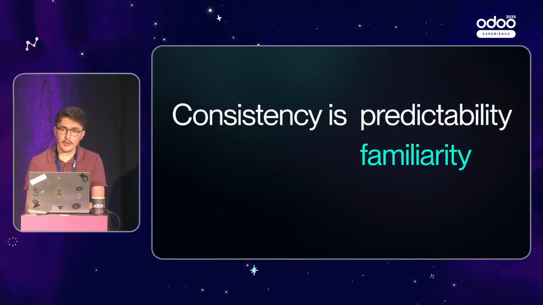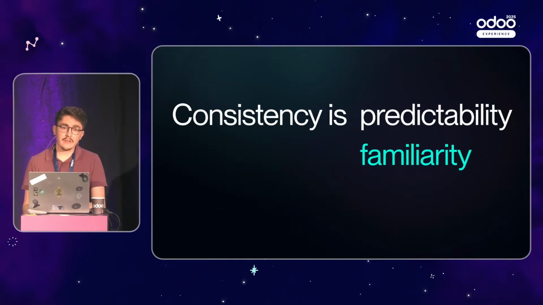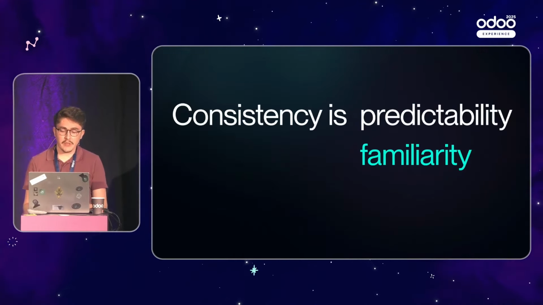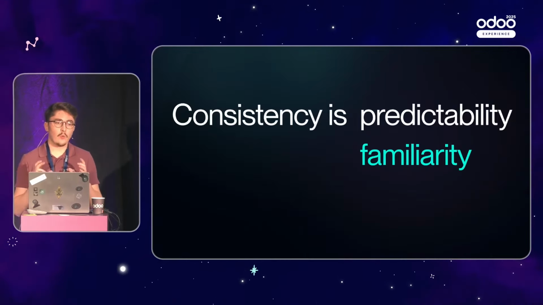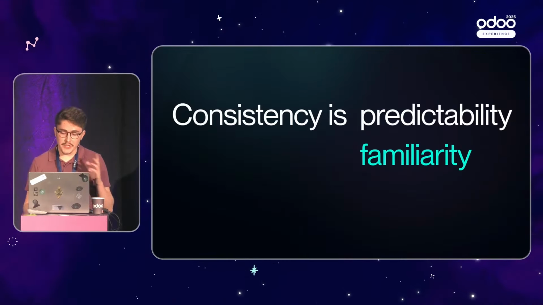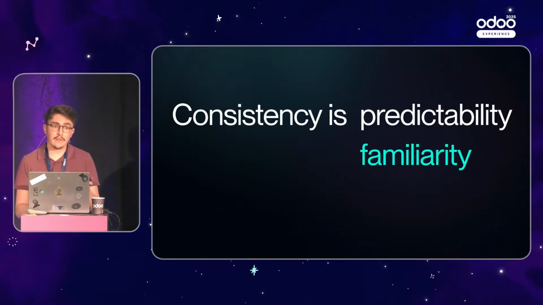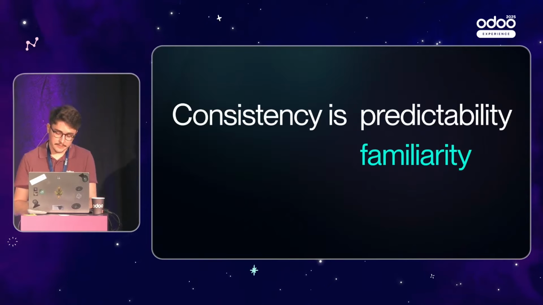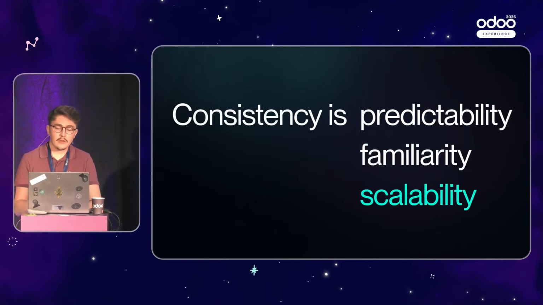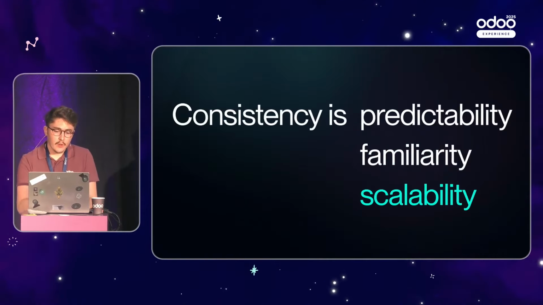Familiarity. This is more internal, but for our developers, it means that a component will look the same in different modules as well. So basically what we do is design a component once and then reuse it every time, so developers don't have to keep in touch with all the new features we introduce in a component. And lastly, consistency is scalability.